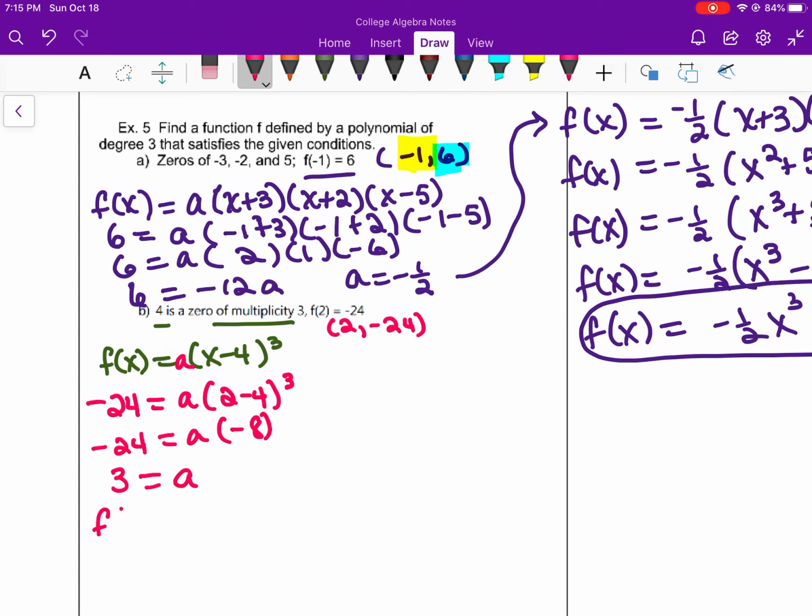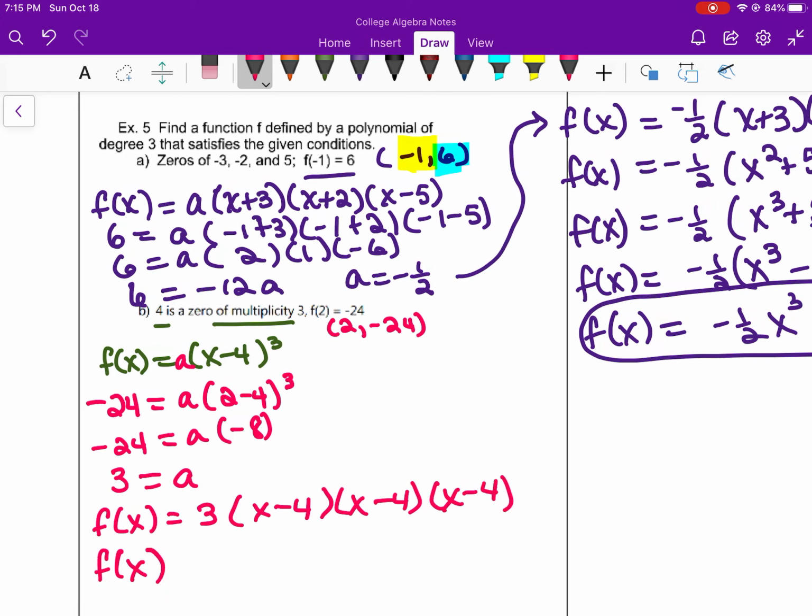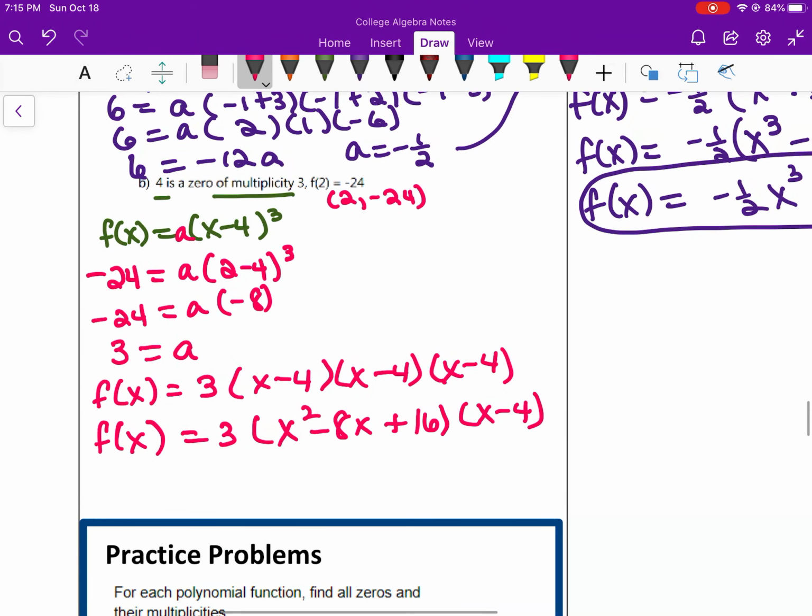So from here again, we're going to keep on going, and we're going to FOIL and get it all multiplied out. So I'm distributing the x through, and then the minus 4.